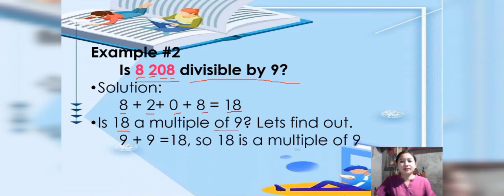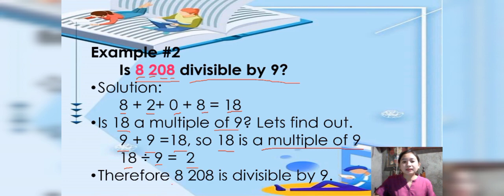Let's find out. 9 plus 9 is equal to 18. So, 18 is a multiple of 9. 18 divided by 9, the quotient is 2. Meaning to say, there is no remainder. Therefore, 8,208 is divisible by 9.